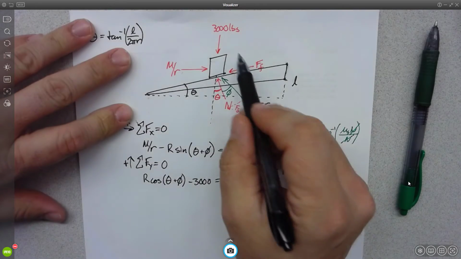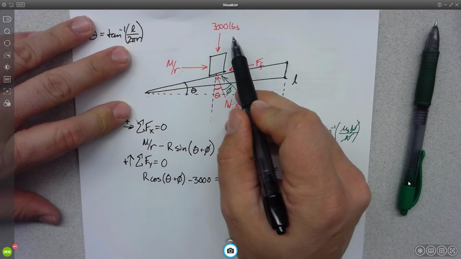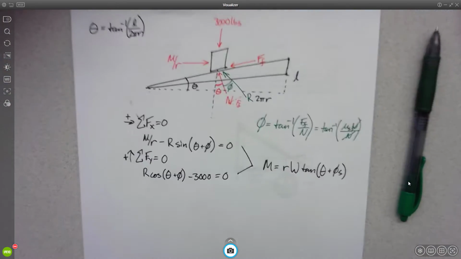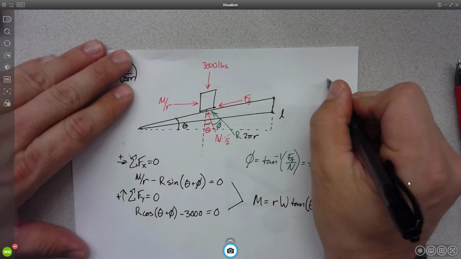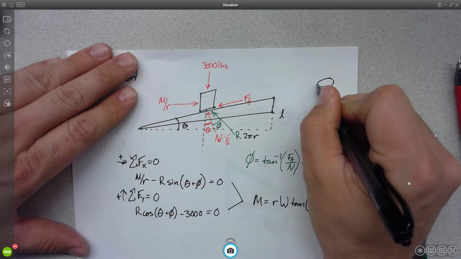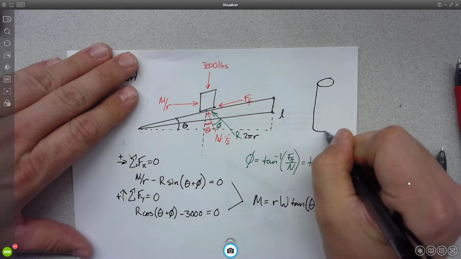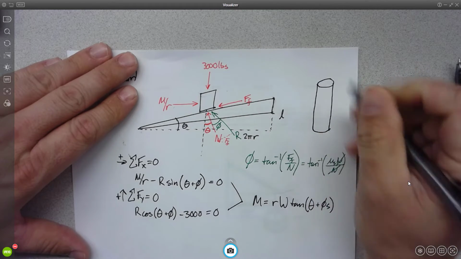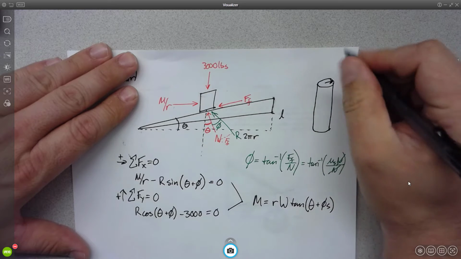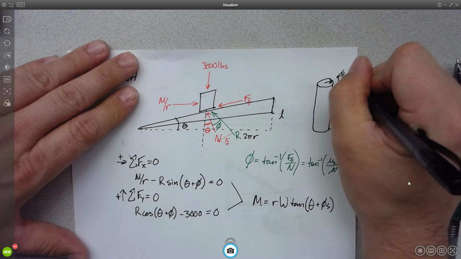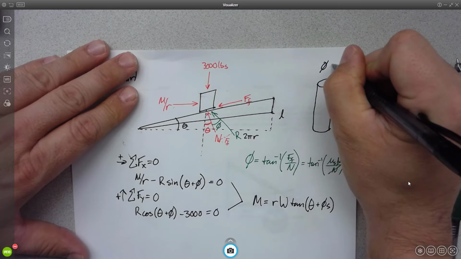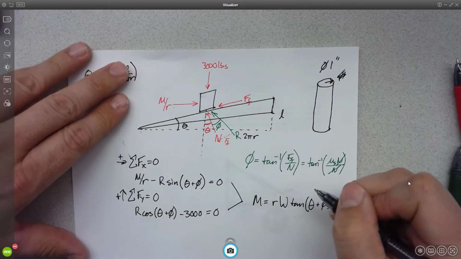We know I've said that the truck weighs 3,000 pounds. Okay? Let's say the screw in my jack has a diameter of 1 inch. Okay?